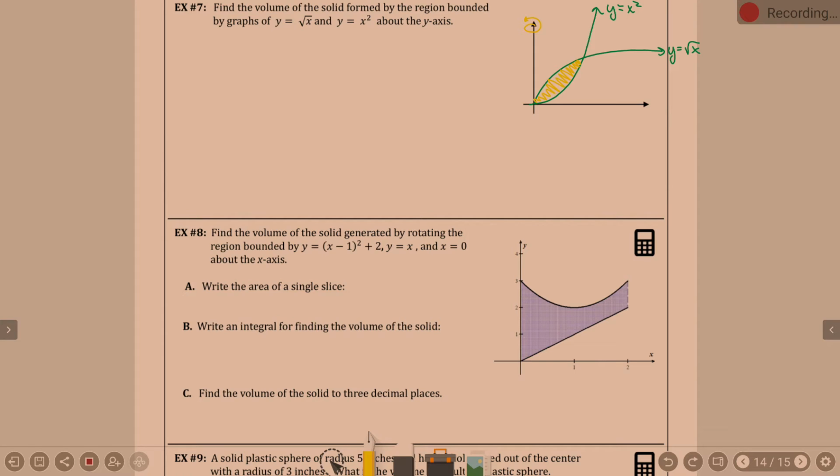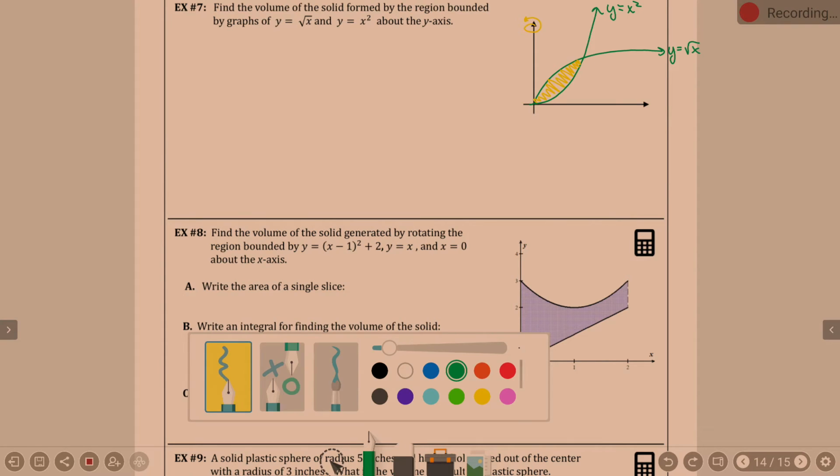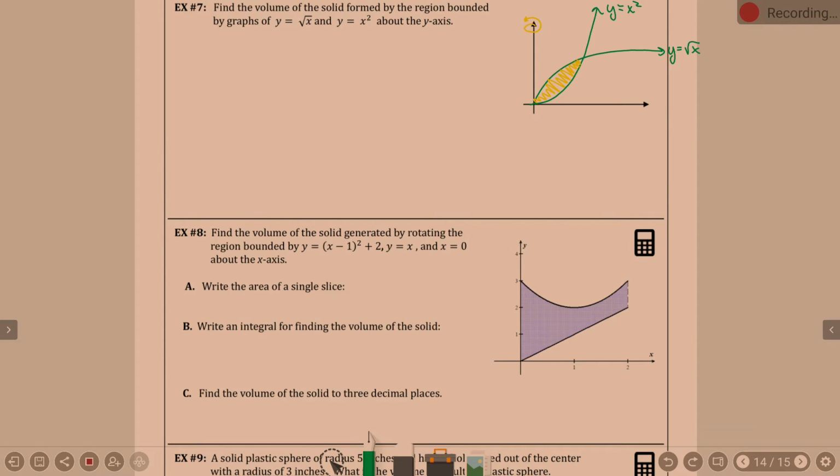Okay. Now, what do we still need to know? Yeah, we're going to have to know the interval, yes? Which axis are we going about? The y-axis, right? So I need y values. Well, we know our low value is going to be 0.